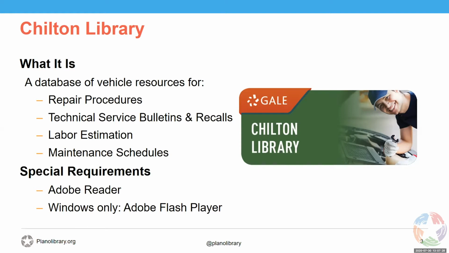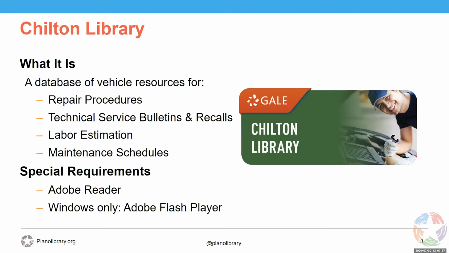The labor estimation is an hour estimation for how much any given operation on a vehicle will take. They use hours because the cost varies from state to state, from city to city. So it's a lot easier to provide the hours it will take, and then you can ask how much they charge per hour, do a little math, and you know how much it's going to end up costing you.